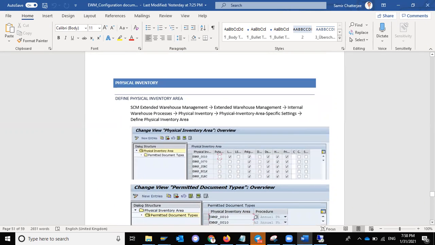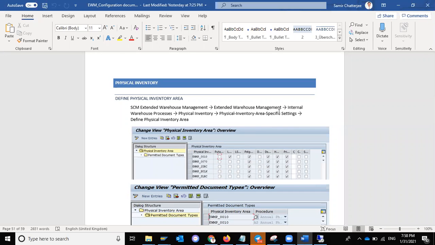Physical inventory. Now, physical inventory, we know that the physical inventory has got some specific PI area specific setting, right? So, how PI area specific setting? As a responsible EWM consultant, we are having some internal warehouse processes.